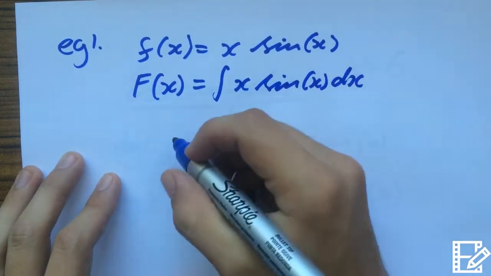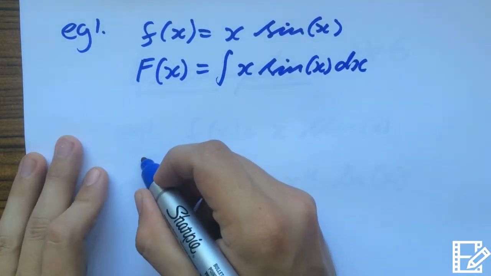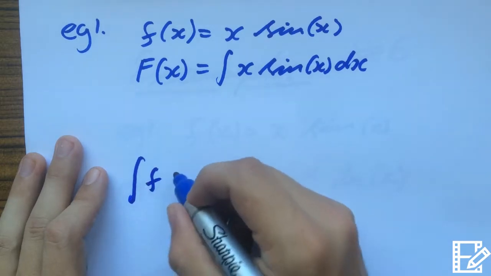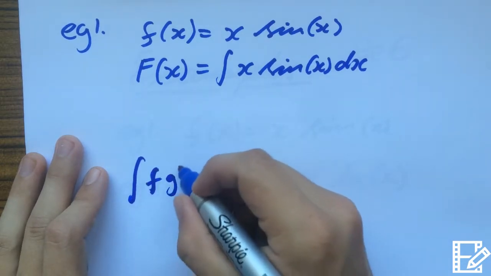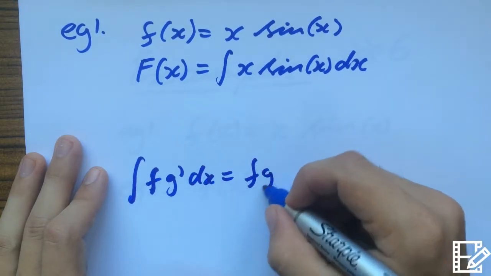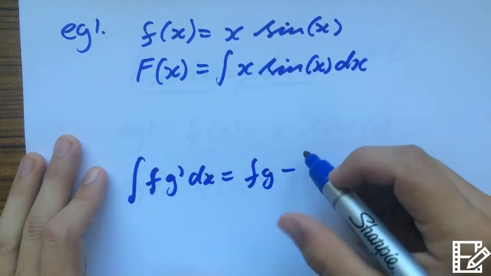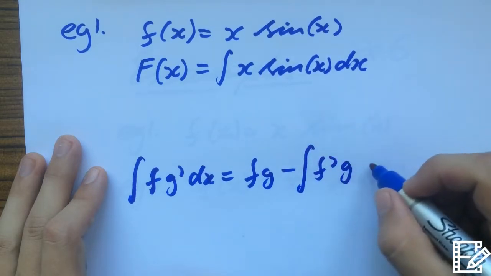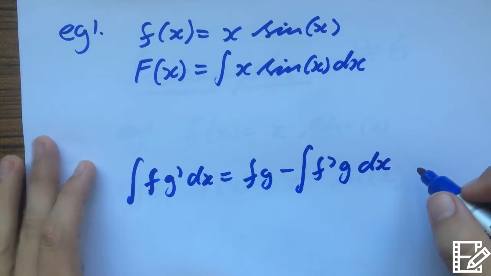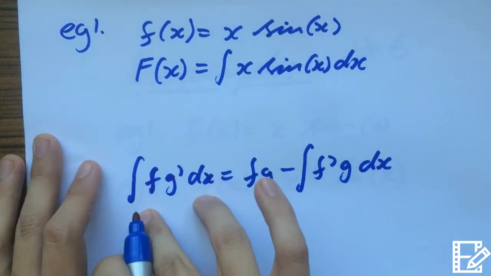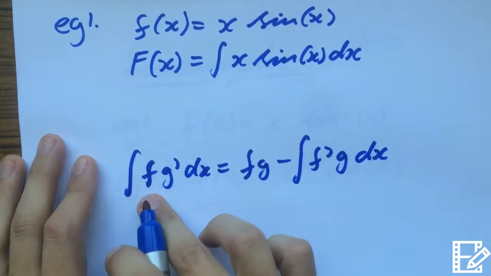And now, the by parts formula, I'm going to do a mixture of Lagrange and Leibniz notation, but it's basically: the integral of f multiplied by g dash dx equals f multiplied by g minus the integral of f dash multiplied by g dx.